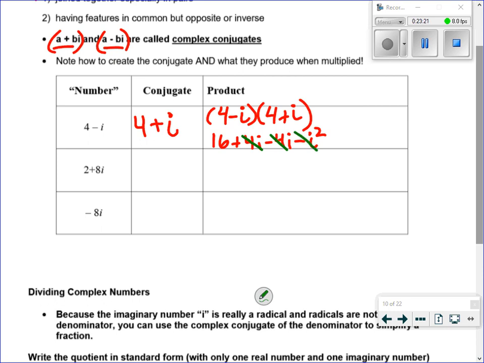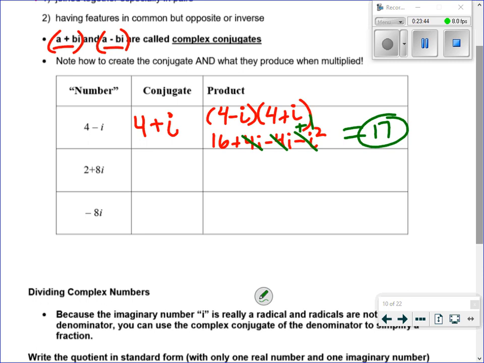So this is really equal to 16 plus 1, which is 17. So this is why our conjugate is so important. We just multiplied two complex numbers and got a real number.